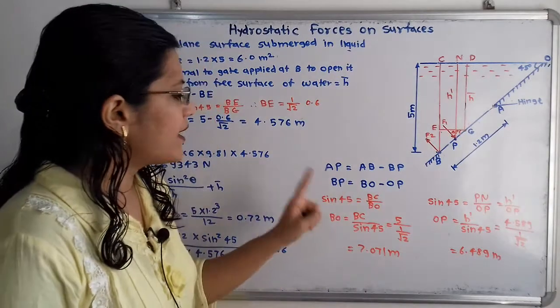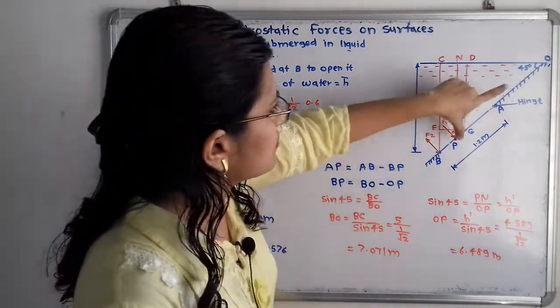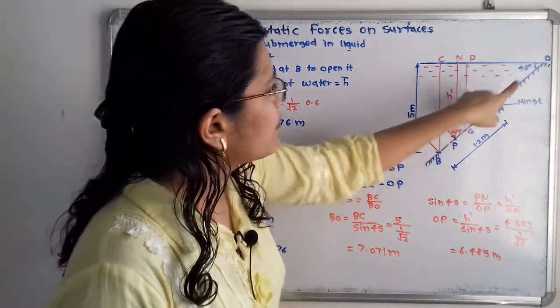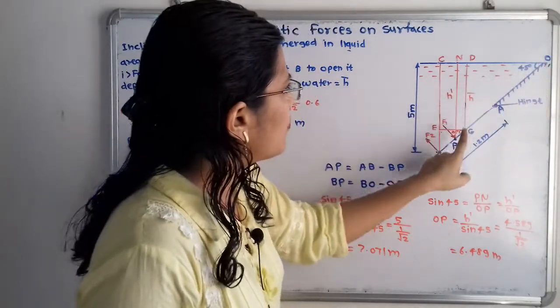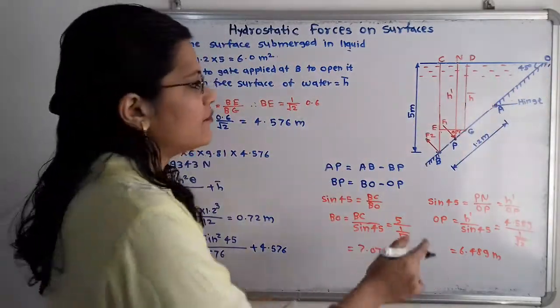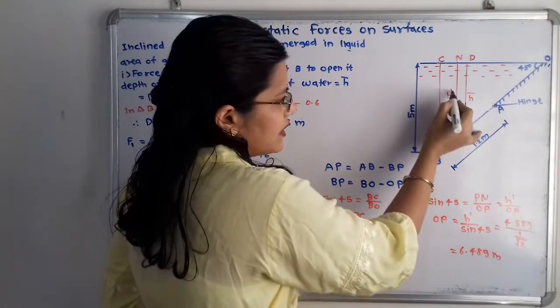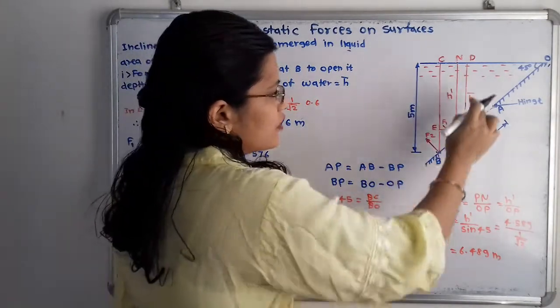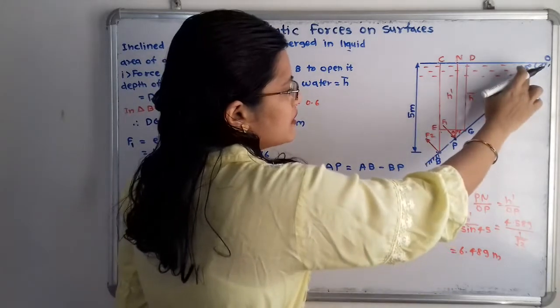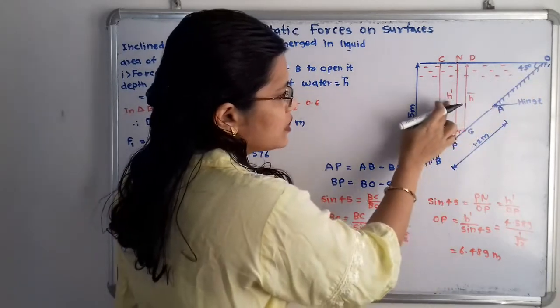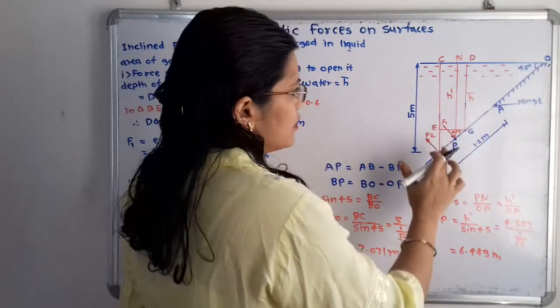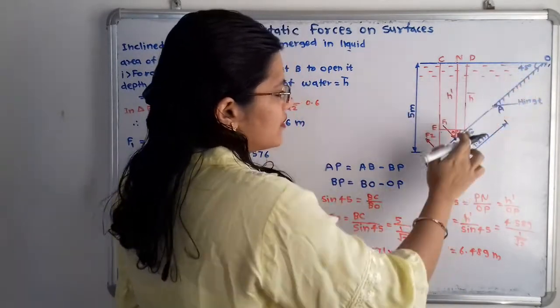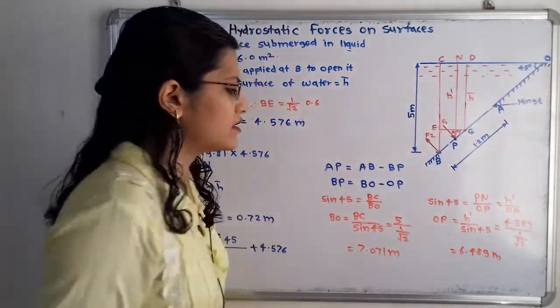Then now we will find out what the OP is. For this OP we will consider the triangle OPN. Now if we observe here this H dash that we have already calculated, that is this PN. In this triangle, sine of 45 is equal to this H dash divided by OP. H dash is known, sine 45 is known, so we can easily calculate this OP.